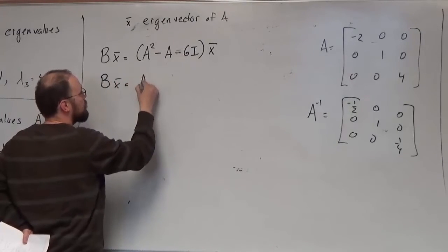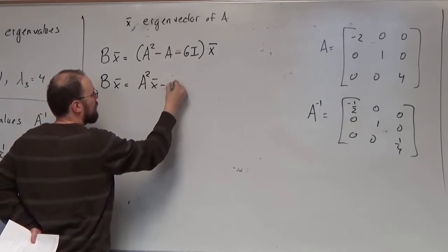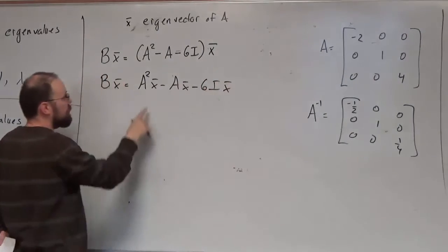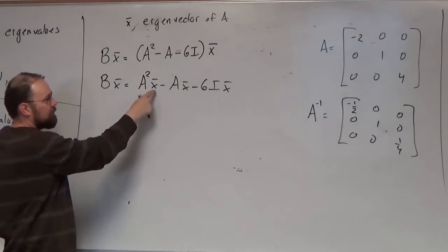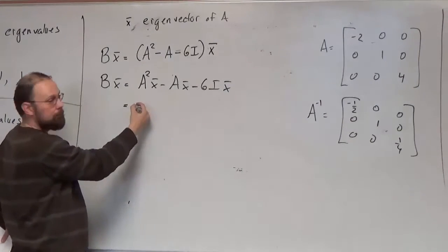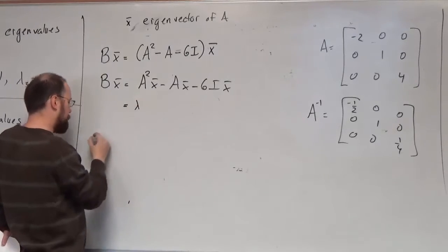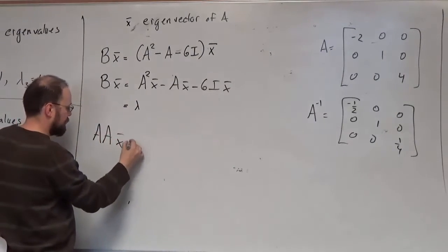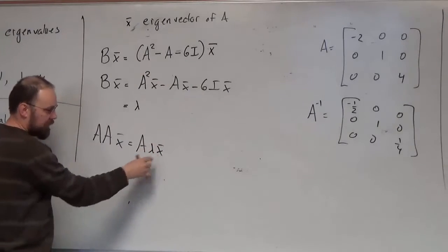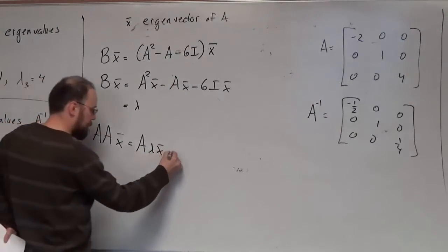So okay. Multiply through. Okay, so what's A squared times x? Remember, x is an eigenvector of A. Well, A times x is lambda x, where lambda is the eigenvalue for this eigenvector.